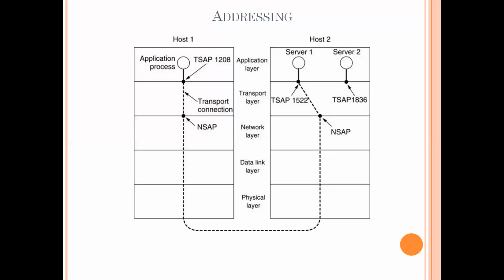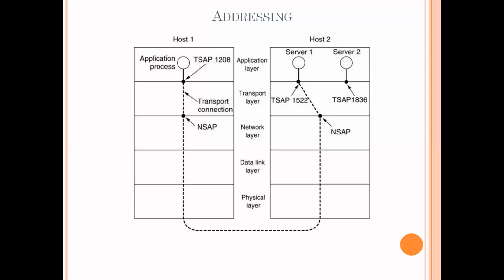There are multiple processes running within the host. Here, you are seeing two hosts, host 1 and host 2, where you are connecting different processes in host 2, called server 1 and server 2. In host 1, the process has a transport address, port address 1208, whereas server 1 has port address 1522 and server 2 has 1822.